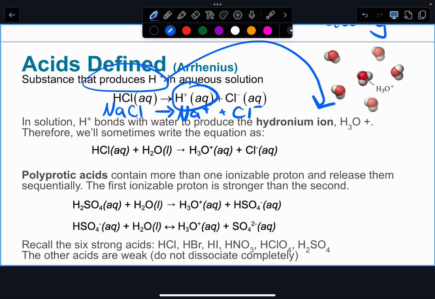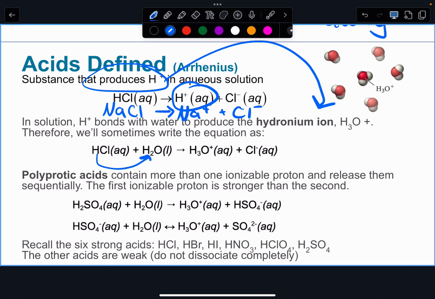It still gave up that H+, it's just that now we're showing it attached to water. The reason why I like that better is because we can use this idea of acid donating its hydrogen, giving its hydrogen away. So in this example, it gives its hydrogen away to the base, or to the water, to form H3O+.